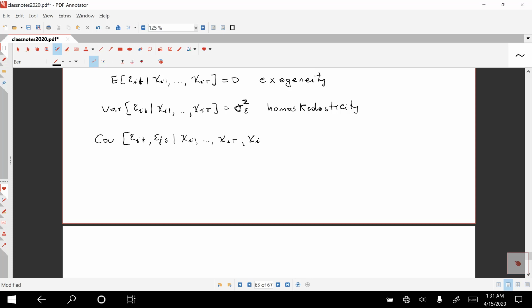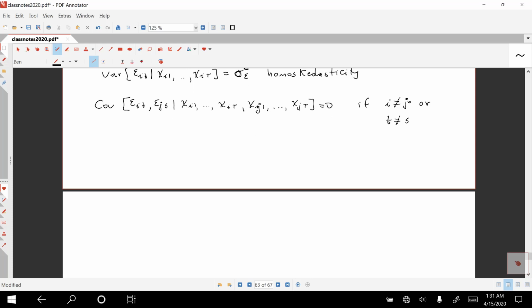So then we need to take into account the error terms of individuals i and j in all the time periods. So this is if i is different than j, or t is different than s. So basically here, what this is telling us is that there is no correlation between individuals.